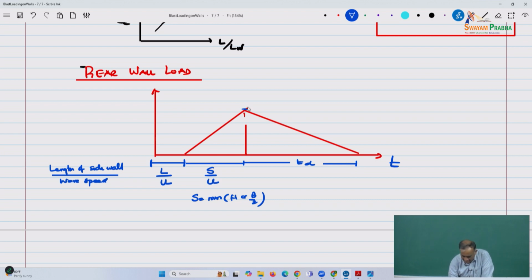And the peak value, let's say back wall PB, is CE PSO plus CD Q naught.